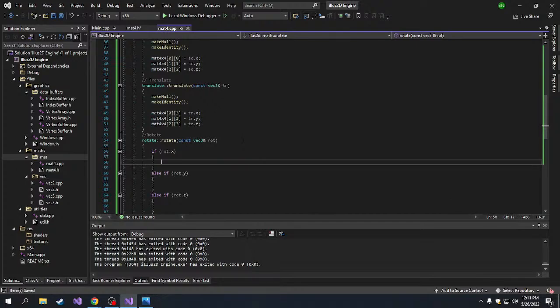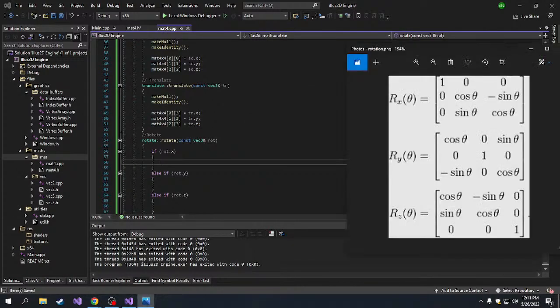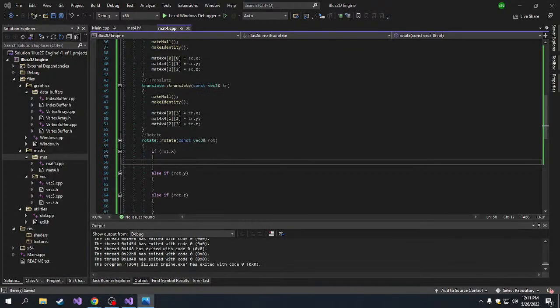So if that's the case, what we'll do is, this is the matrix. So what we'll do here is we'll just set it up basically. Alright, so rotation around the x is going to be now our actual 4 by 4 matrix.